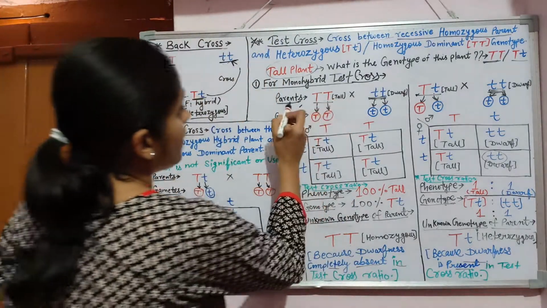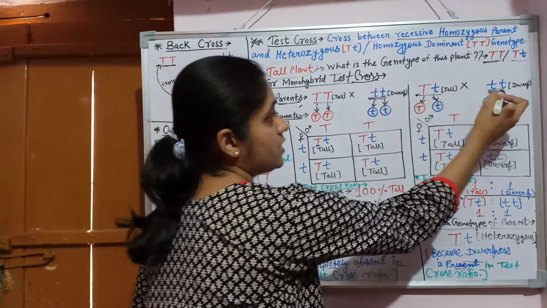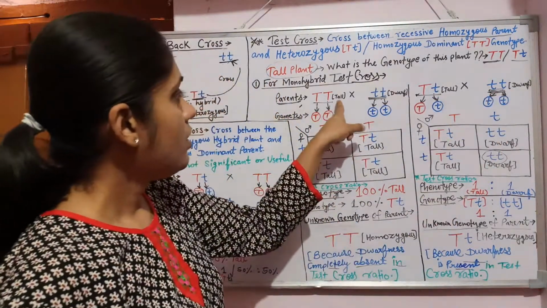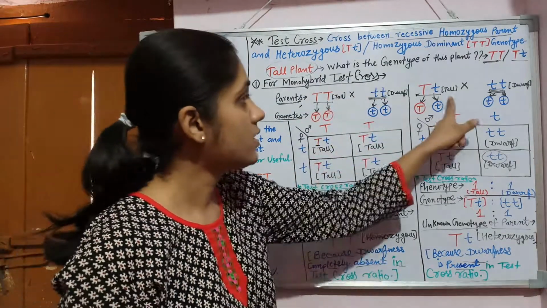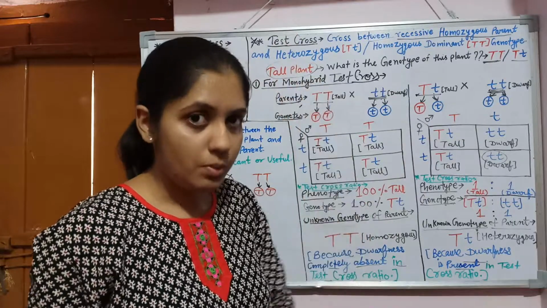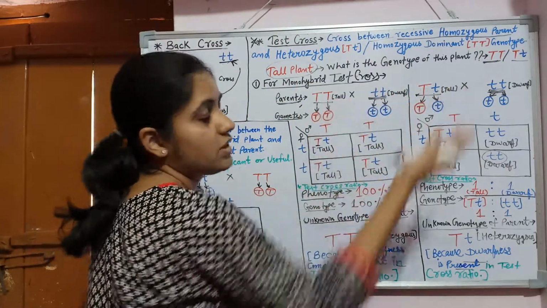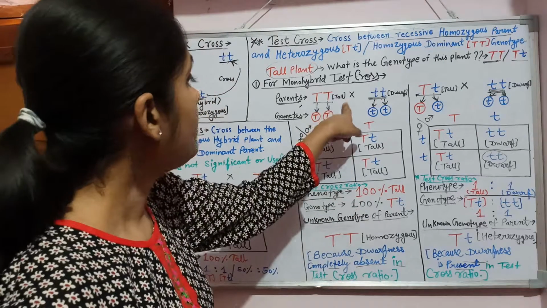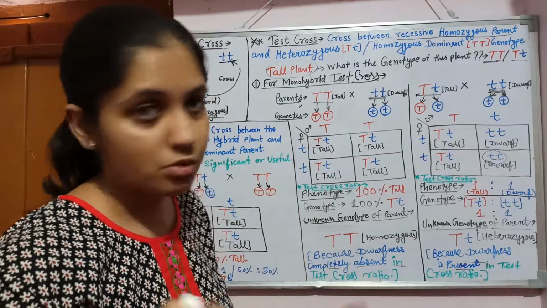So first of all, we took the parents. This is the fixed recessive homozygous parent. Then here we don't know the genotype of the plant; we took only the tall plants in phenotype. Suppose this tall plant has this or this genotype, but you don't know that. I have written it only to help understanding.